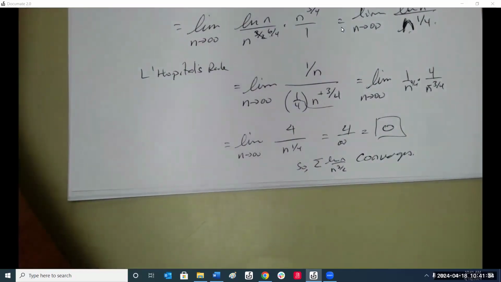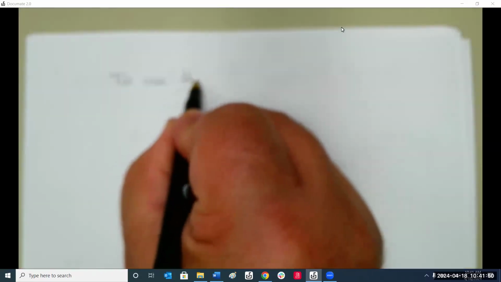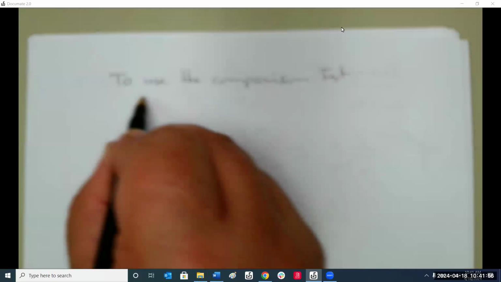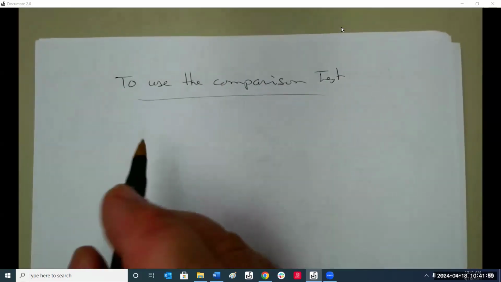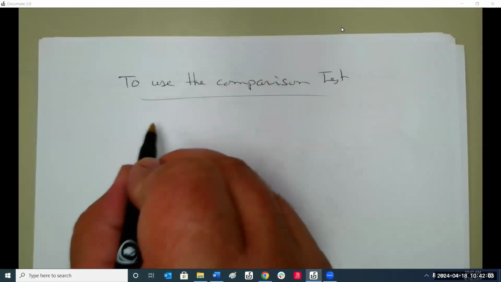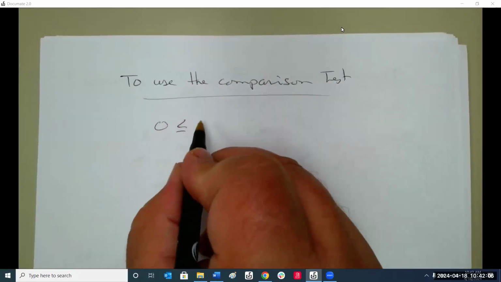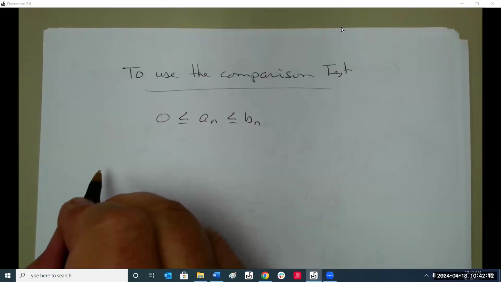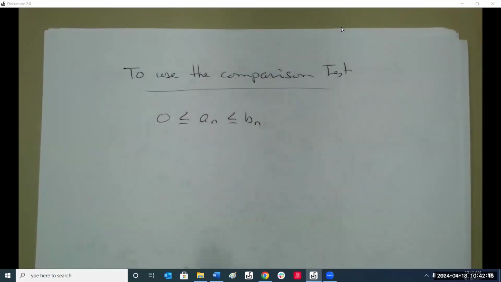So basically all we have to do there is find, so to use the comparison test, we first have to have that has to be true. And then check the theorems.